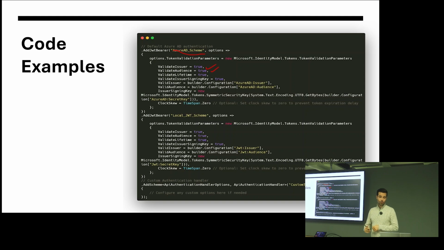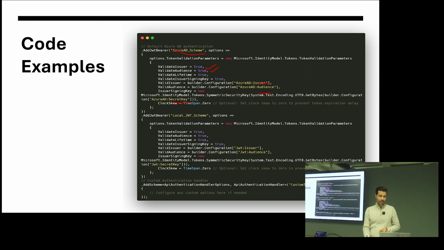And then I'm going to read the issuer, audience, and secret key from the appsettings files. When you prepare your authentication providers in Azure Active Directory, or it really doesn't matter whether it is Keycloak or whatever it is, they're going to give you all this information: issuer, audience, and the secret key. Of course, there are more options if you'd like to add them, but these are essential. I'm going to read all that configuration from the appsettings files.